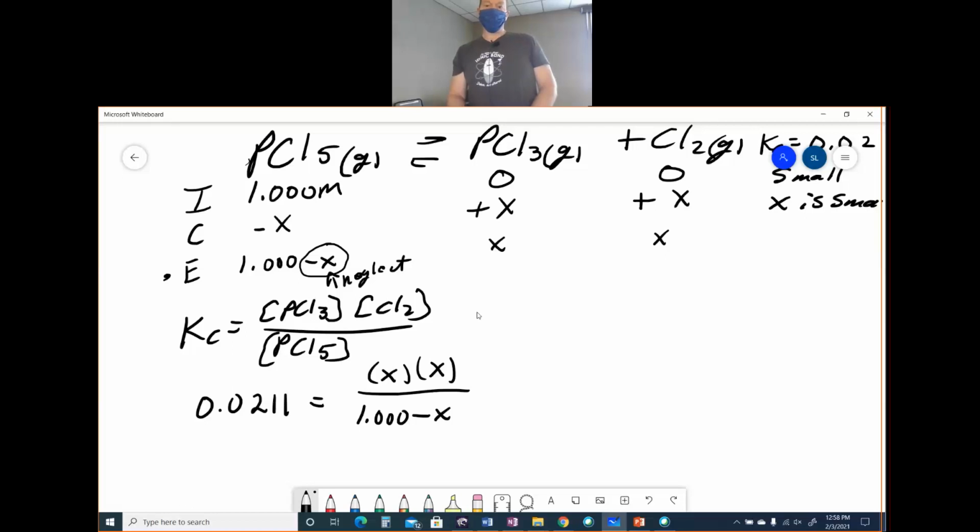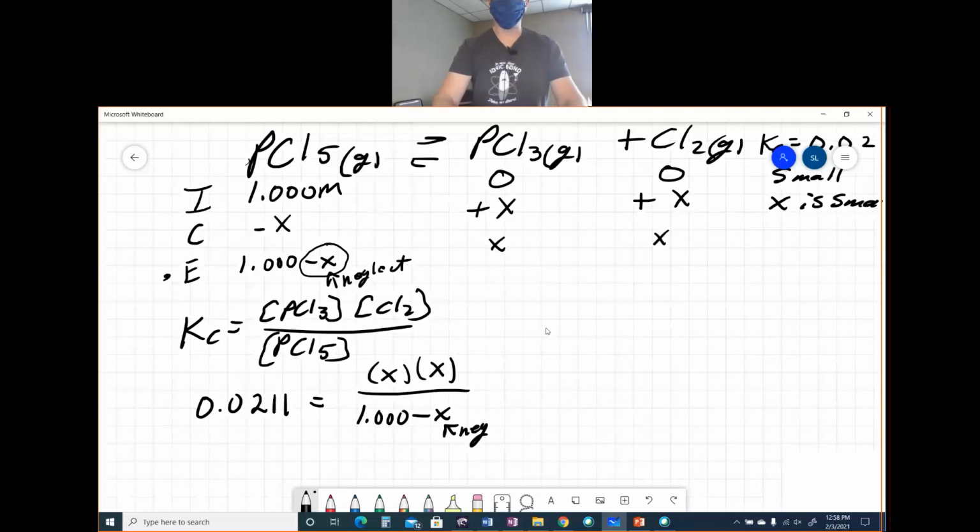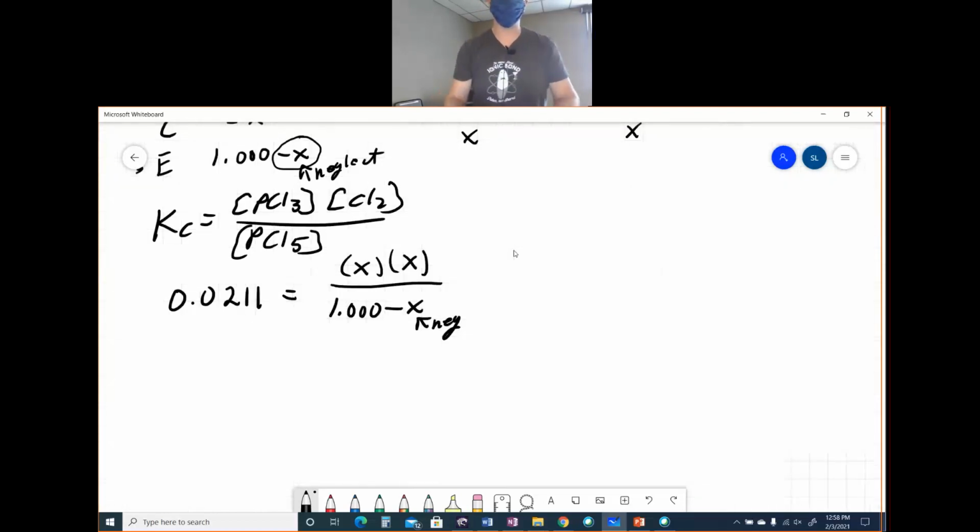All right, and so we are then going to neglect that x. We're going to say it's small, so we're going to assume it's not going to change the 1, and so it's essentially 0. It's so small, it's not going to change it. And then we solve, and we're going to get x1. And so we end up with 0.0211 is equal to x squared divided by 1. You multiply both sides by 1, that doesn't change anything.